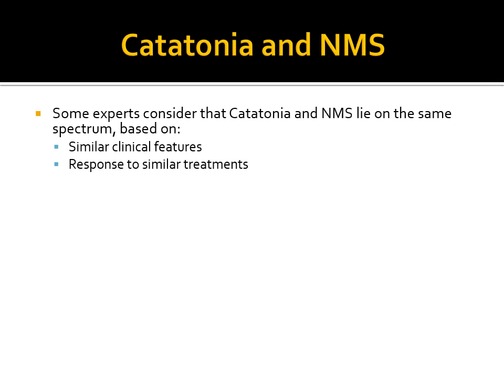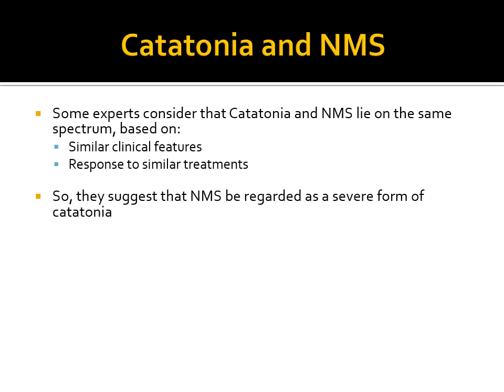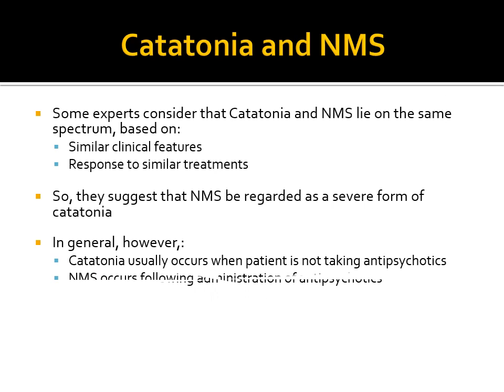Some experts consider that catatonia and NMS lie on the same spectrum because they share similar clinical features and they show a response to similar treatments. So they suggest that neuroleptic malignant syndrome should be regarded as a severe form of catatonia.